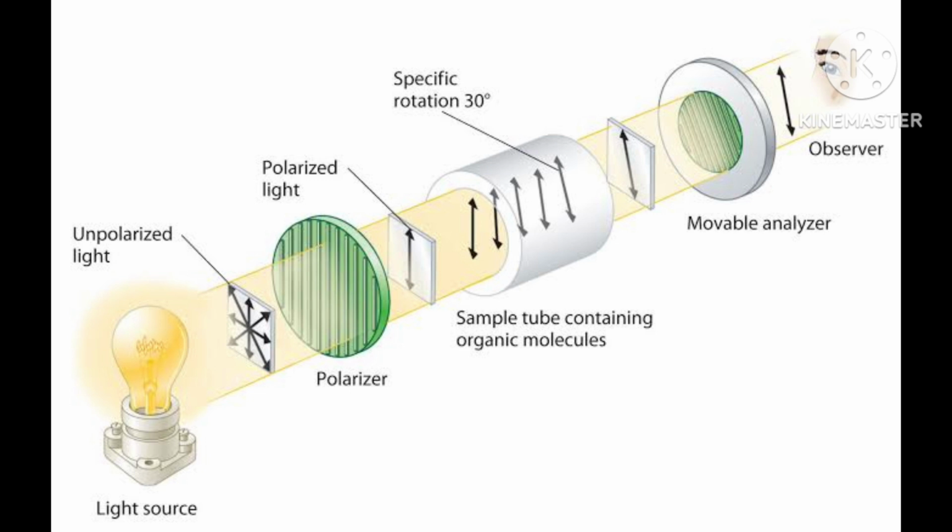SN2 means second order reaction in one step, that I am talking about. SN1 means first order with two steps. An SN1 reaction proceeds with racemization.